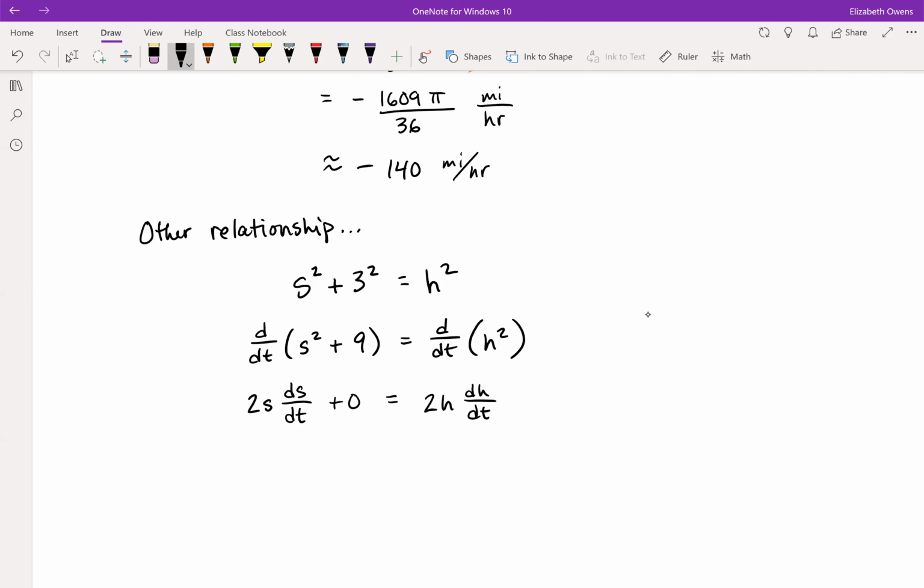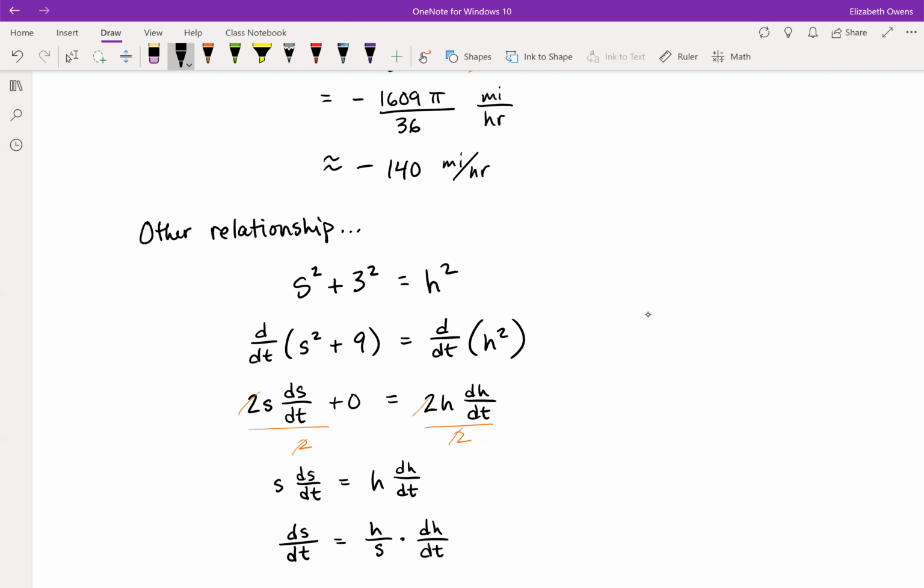Let's see. We could divide both sides by 2. That would cancel our 2's out. We'd have s ds/dt equals h dh/dt. And so we'd have ds/dt equals h over s times dh/dt.